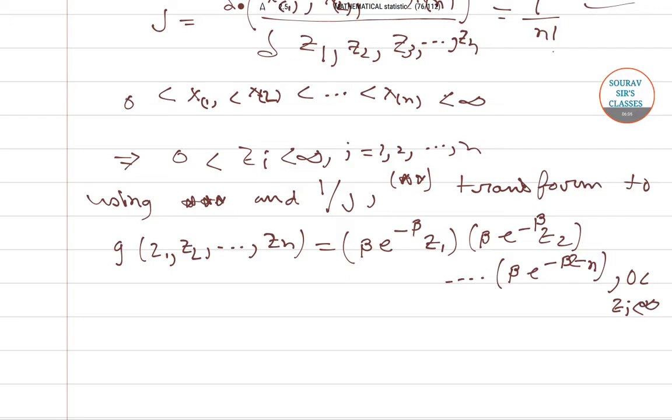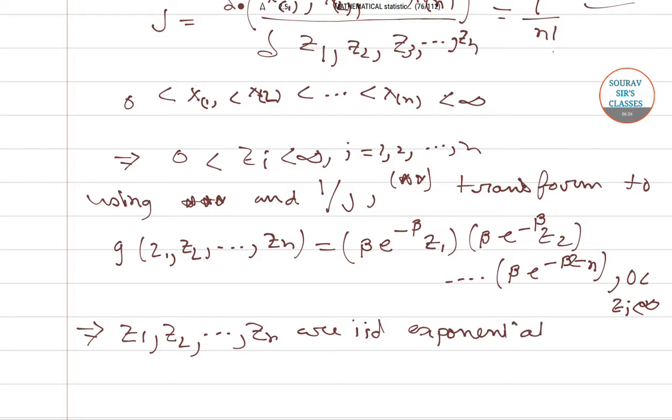Now from here we can simply write that z1, z2, ..., zn are identically and independently distributed exponential variates with parameter beta.